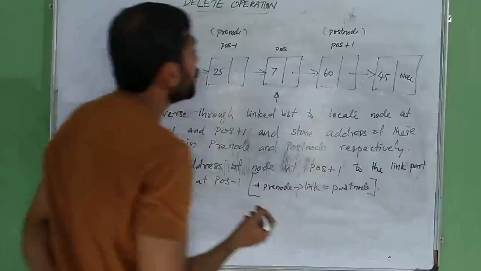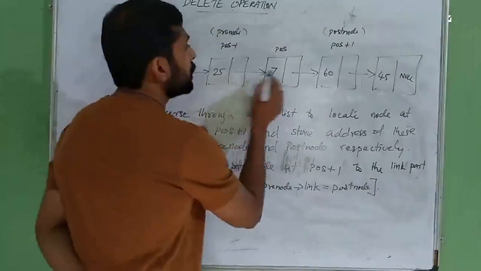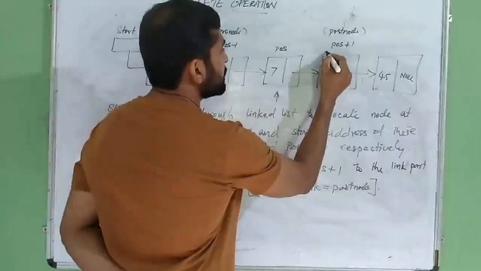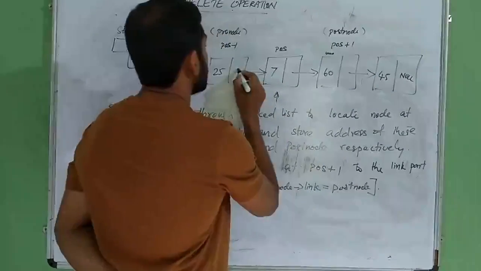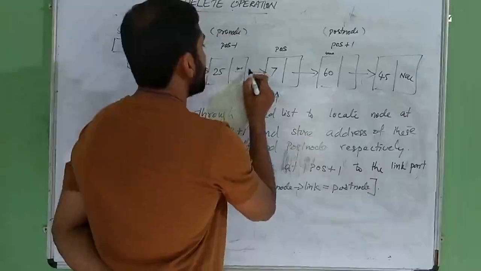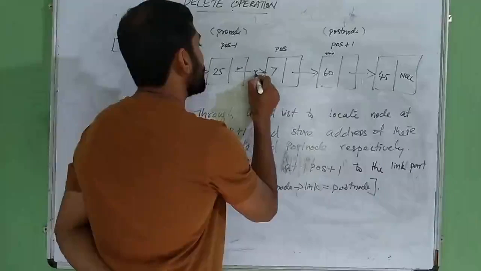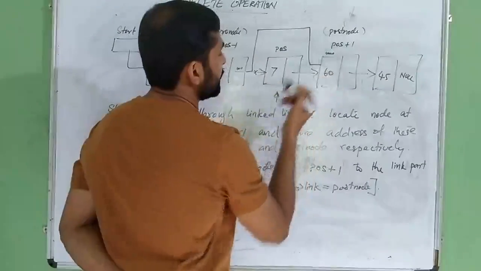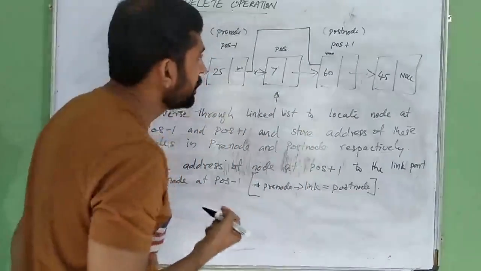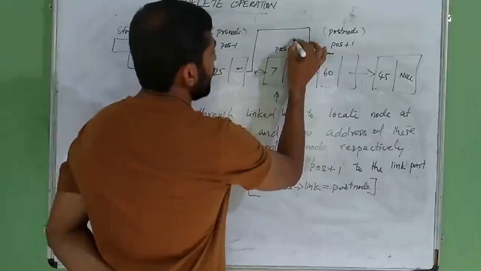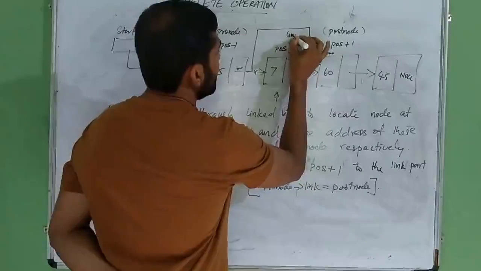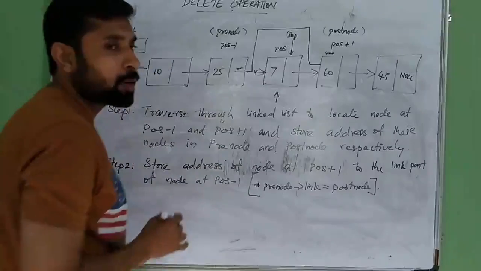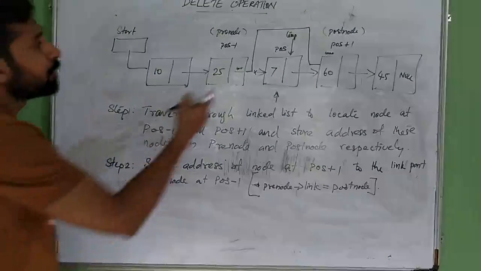What happens now? Now this address of this, suppose this is 4000, this 4000 will be stored here. So here it will be disconnected and this will be made something like this. Now suppose we have stored the address of this in temp, that is node at POS.